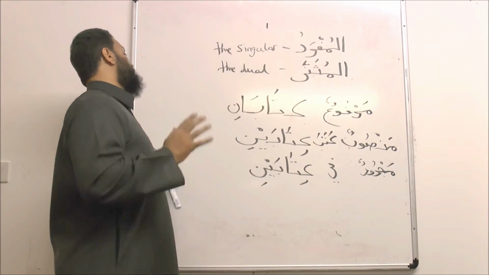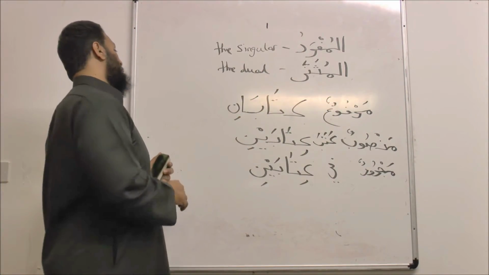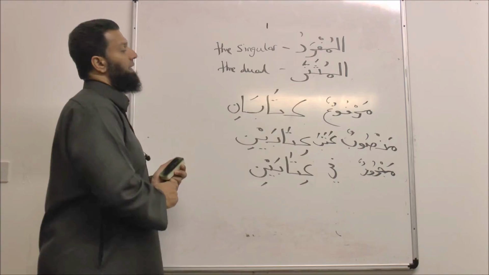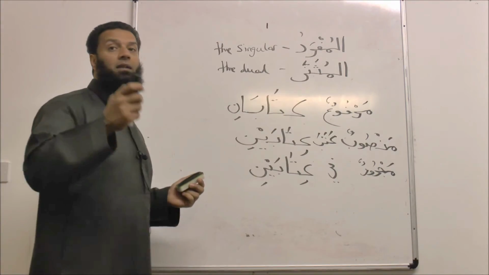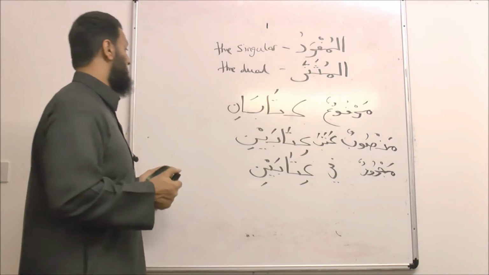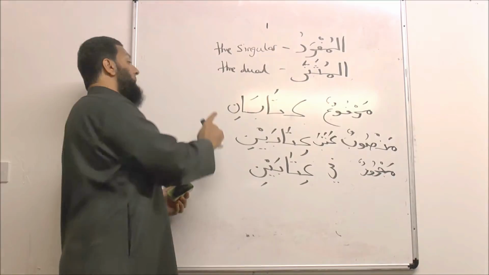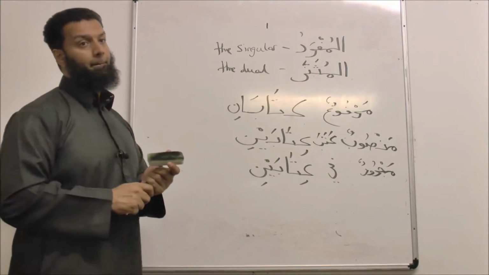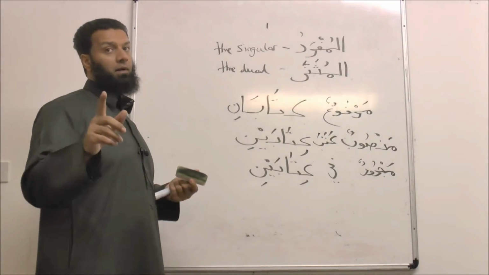So once we've understood that al-muthanna is formed in that fashion, the next matter is to understand that the sifatun or the na'tun, the description or the adjective that may follow the ismun, must agree with it in number.